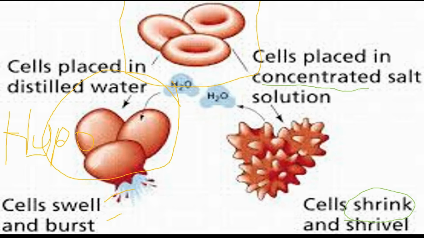Everybody get it there? In this case, we say it is hyper. You know, somebody irritates you and you get hyper. What's happening there? You are releasing a lot of heat. And if you are hypo, then you're looking all fresh.